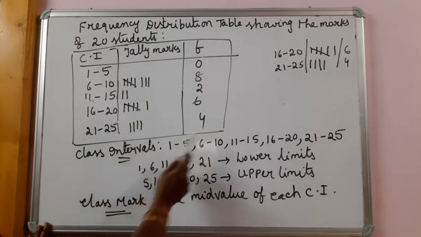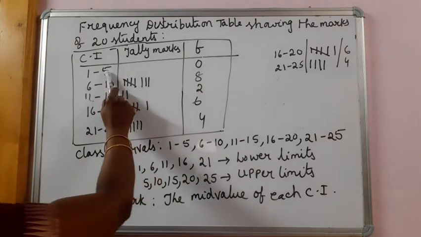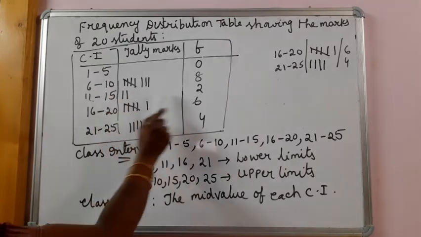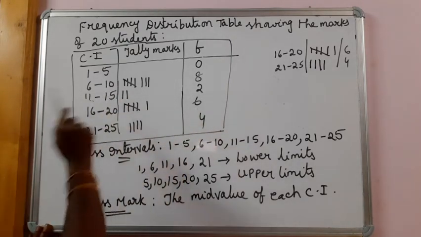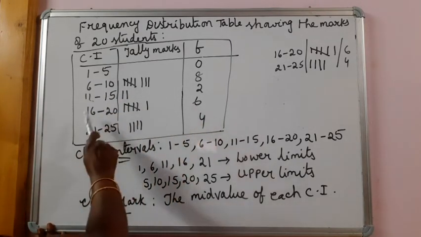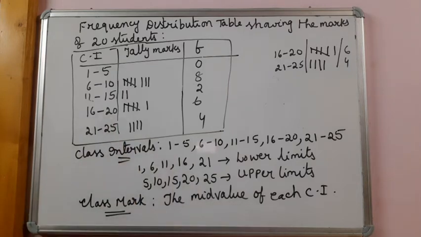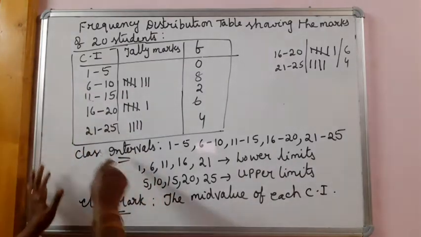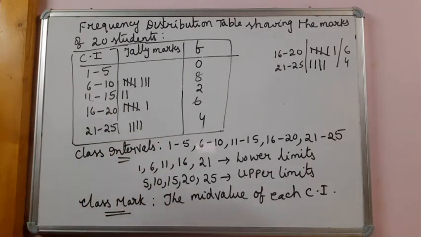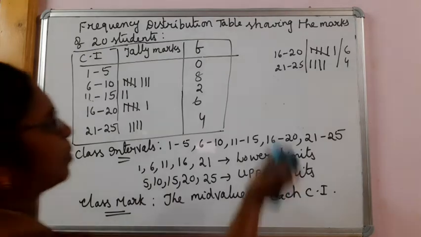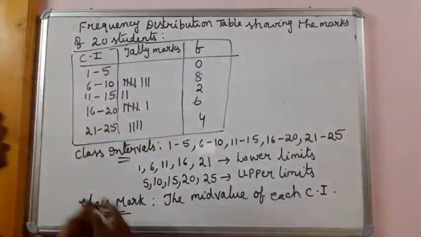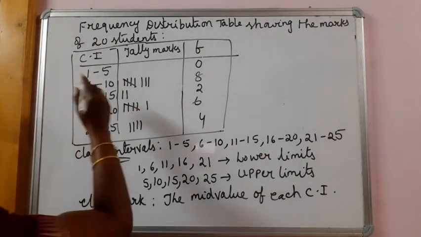By this we can know no student got 1 to 5 marks, 8 students got 6 to 10 marks, 2 students got 11 to 15 marks, 6 students got 16 to 20 marks, and 4 students got 21 to 25 marks. And these class intervals are said to be non-overlapping class intervals.